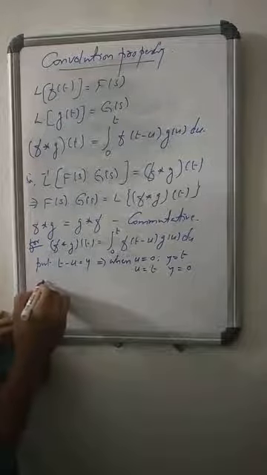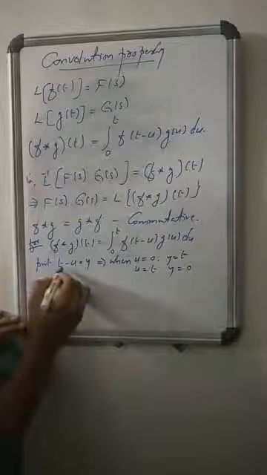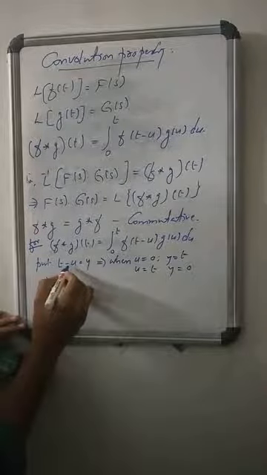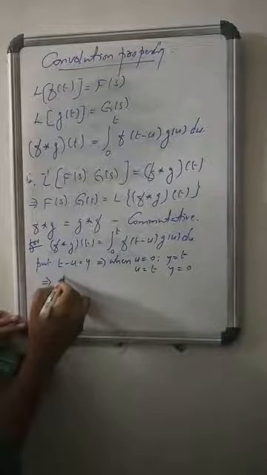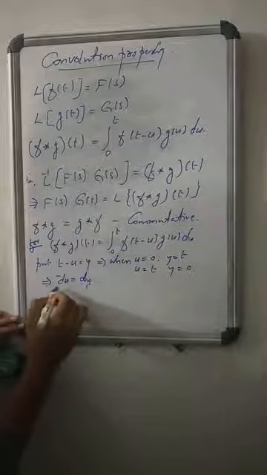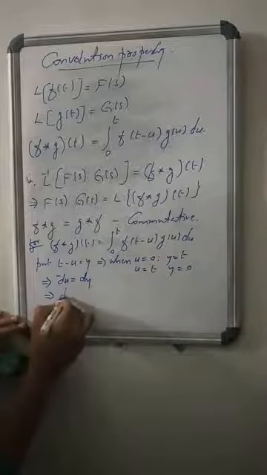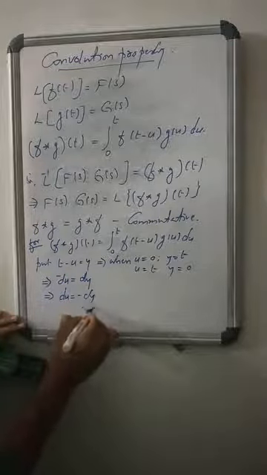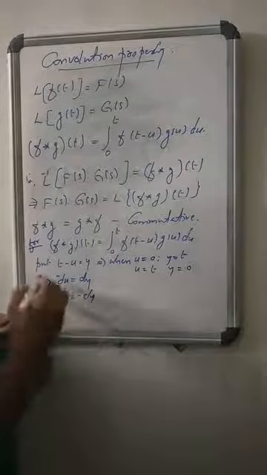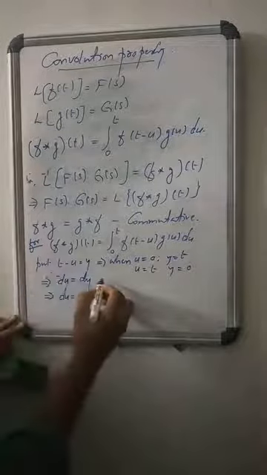Again, t minus u equals y, and t is a constant, so minus du equals dy. That means du equals minus dy. Agree? t is treated as a constant.